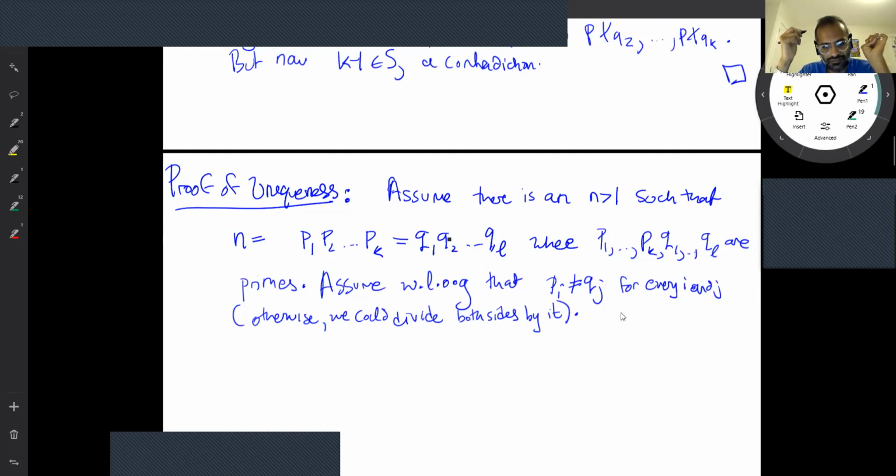But actually, the first number on the left side divides the right side, right? Like P1 divides the right side because P1 times some integer is equal to the right side, right? So notice that P1 divides the right side.